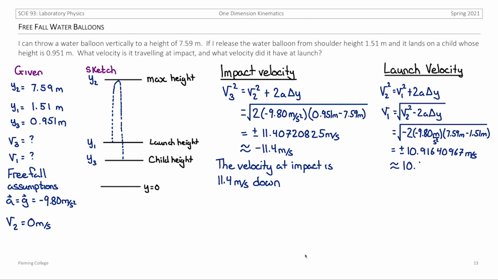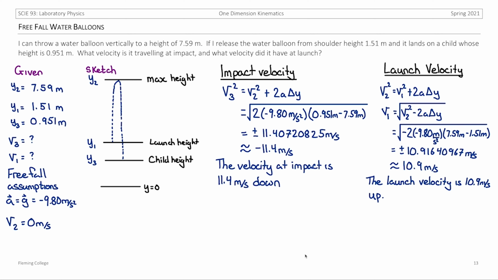In our case, we're looking at the launch side, so this will have a positive velocity. But there is an instant when the water balloon is traveling back down where it passes my shoulders with a negative velocity before it hits my neighbor's kid in the head. So we round appropriately to get an approximate launch velocity of 10.9 meters per second up.